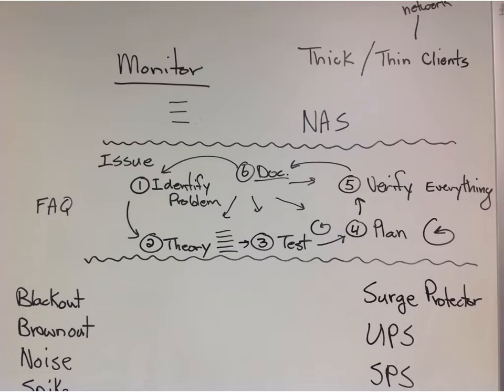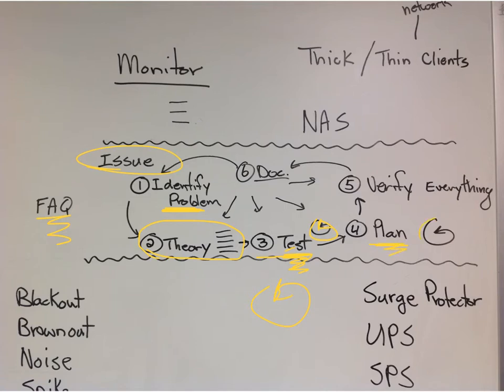The last thing we talked about, frequently asked questions. We said you have an issue, a problem. So we have this cycle. First thing you need to do is identify the problem. What's actually wrong? Some theory on what you think might be wrong. Then you test those. Then you create a plan to implement that. This is the whole idea of feedback. You test something, check, test something, check. So you have it like this feedback loop.